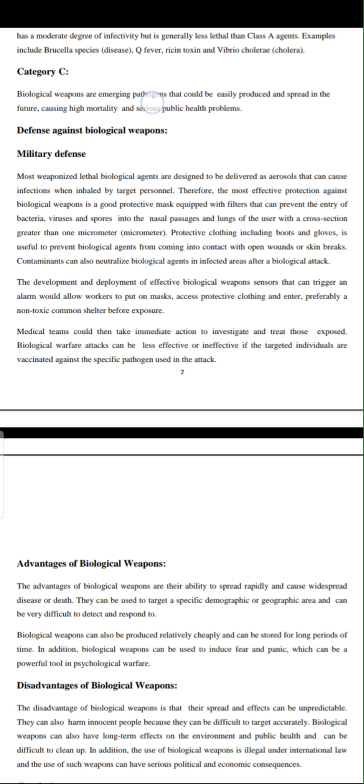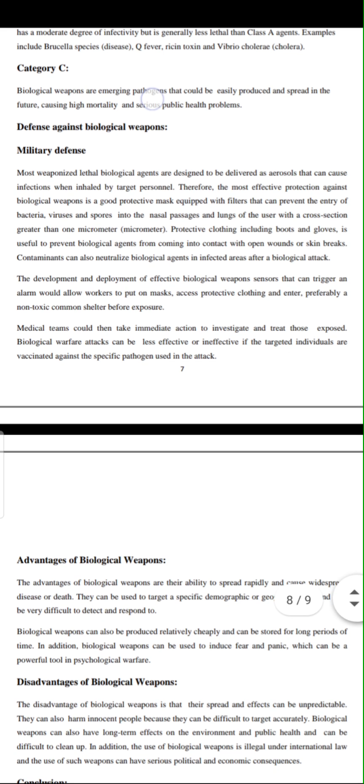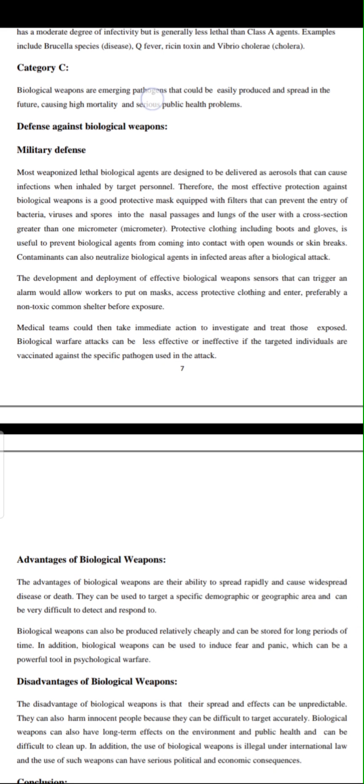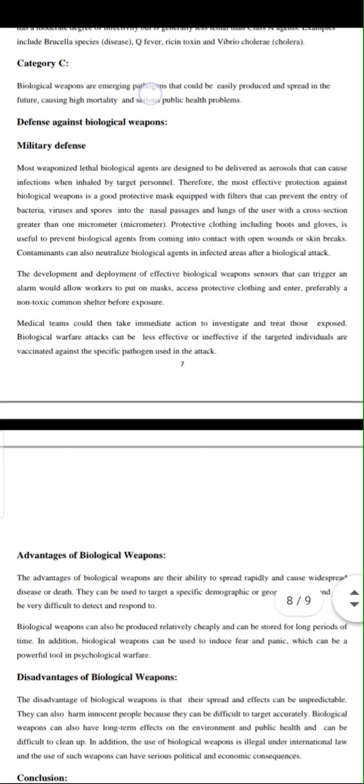Then protective clothing, including boots and gloves, are basic useful tools to prevent biological agents from coming into contact with open wounds or skin breaks. They are basically used as protective tools to prevent communicable diseases. Decontaminants can also neutralize biological agents in infected areas after a biological attack.